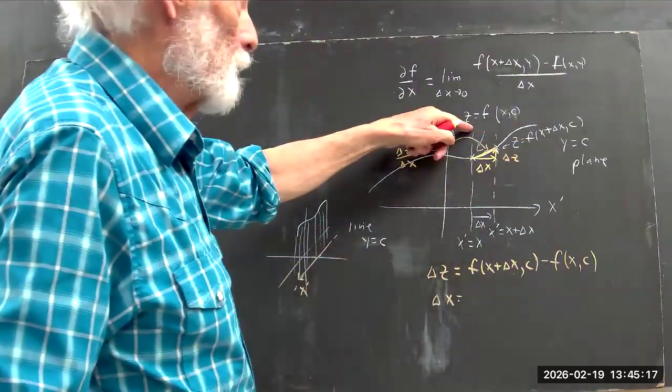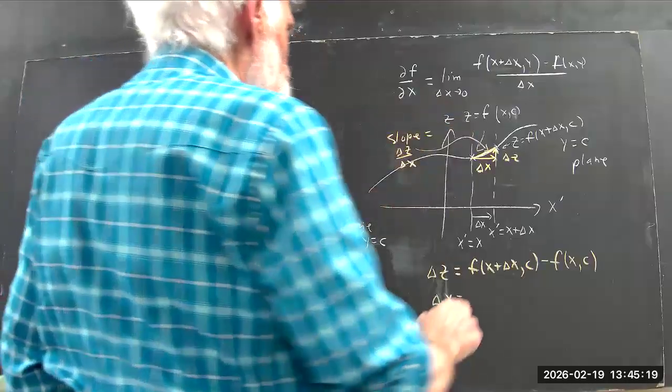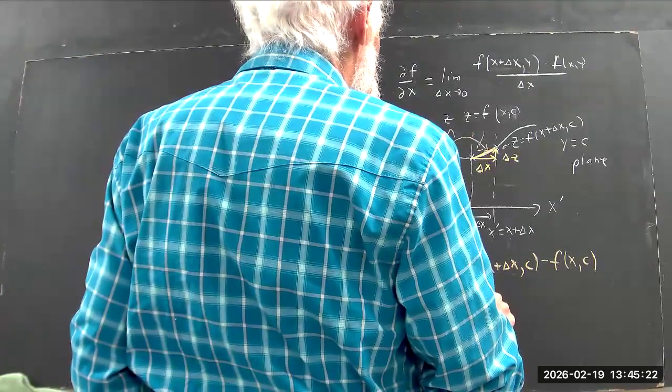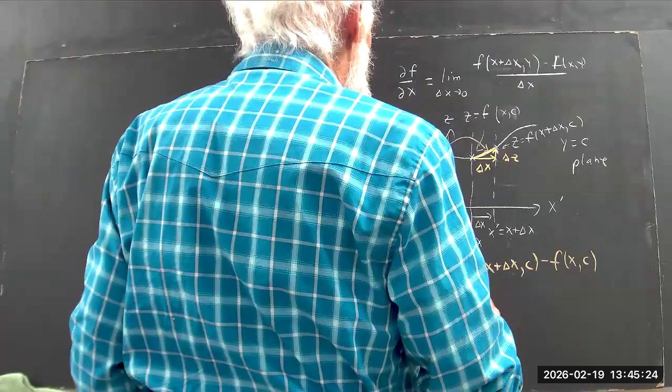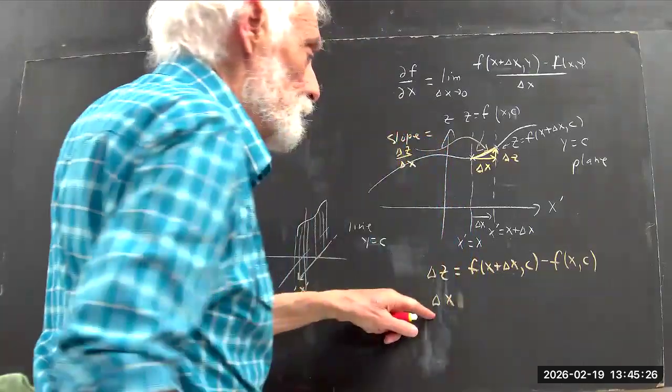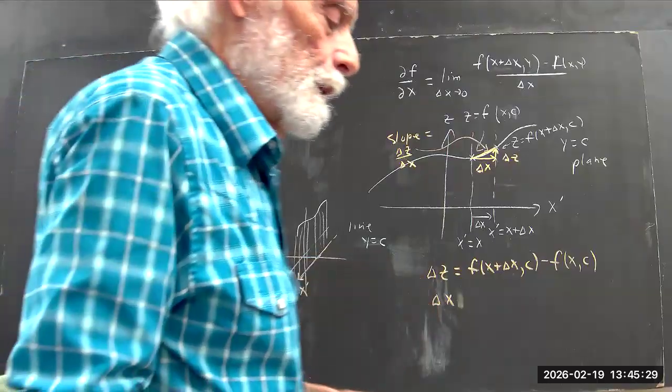Delta z is just this minus this. Delta x equals, well, what it equals. Delta x is just delta x.